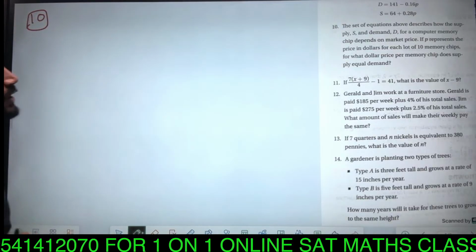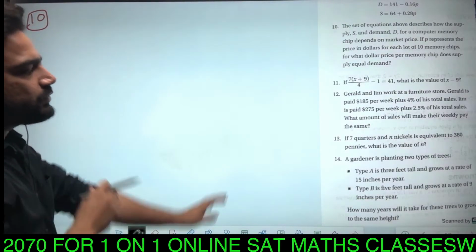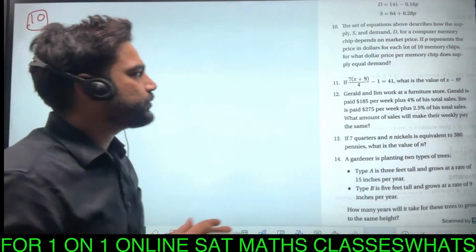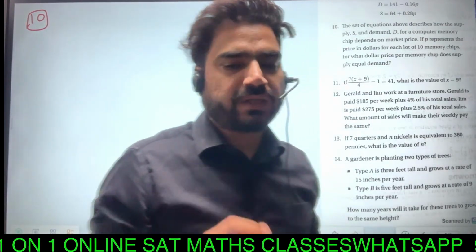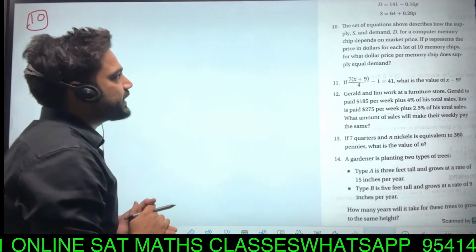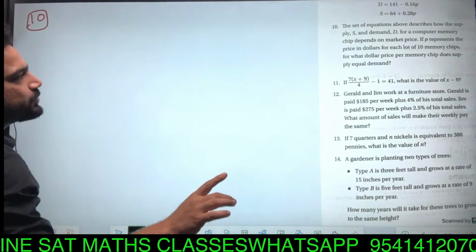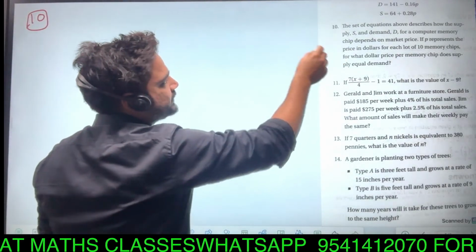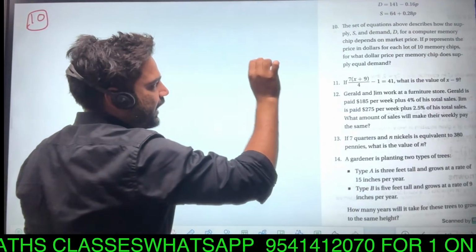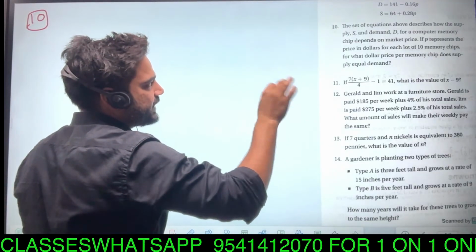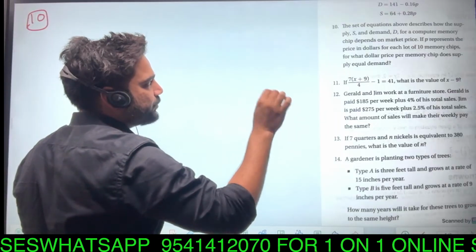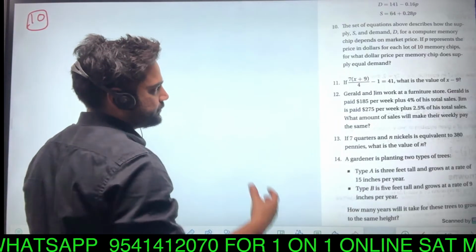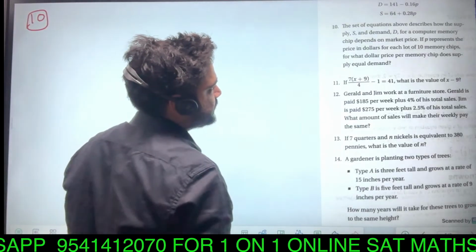In question number 10, the question level will be a little tough, not too tough, but a little tough. You have to read the exact statement. They are saying, the set of equations above describes how the supply S and demand D for a computer memory chip depend on the market price.